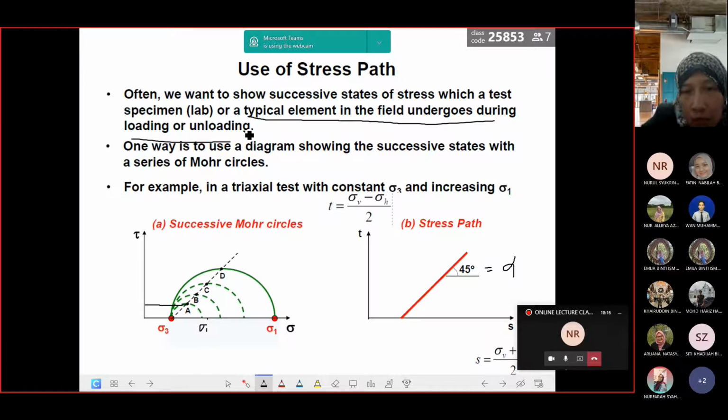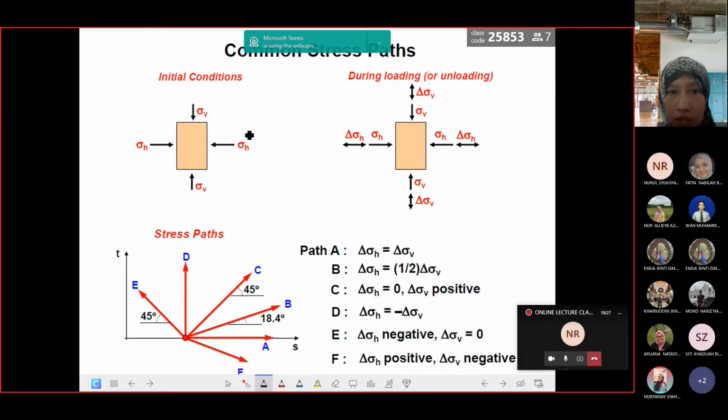You can take examples such as strip loading or some excavations. Here the initial conditions are where the initial stress state we only have sigma V and sigma H. Sigma V is the same as sigma 1, and sigma H can also be denoted as sigma 3. These are sigma V and sigma H if you represent a soil element in the field. If you do an experiment, we usually use sigma 1 and sigma 3.